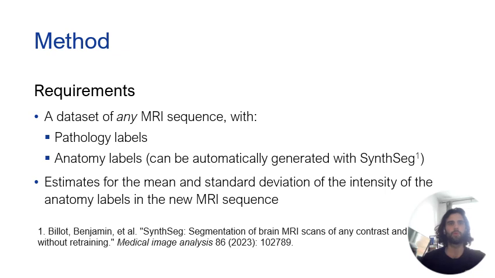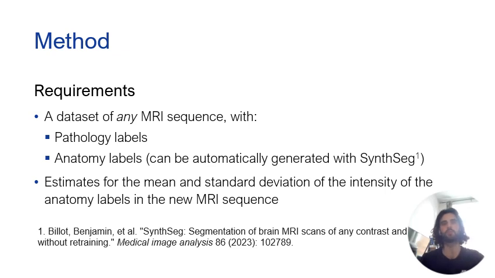So we propose a method which only needs two things. Firstly, a dataset of any sequence as our source domain dataset, and this dataset must have labels for the pathology which we are interested in segmenting, and also all the anatomical regions.